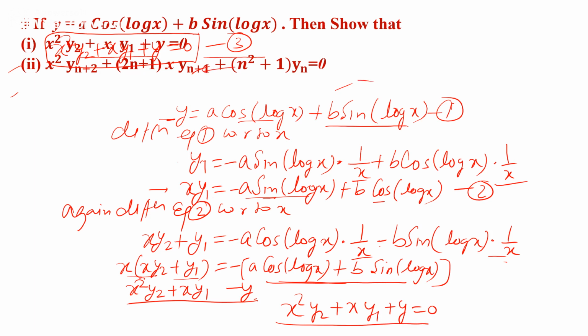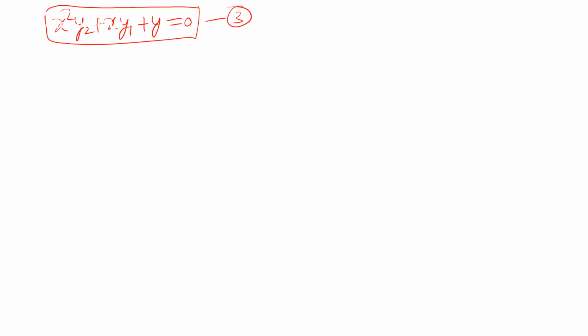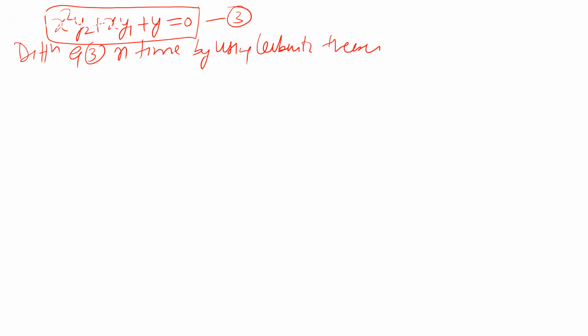Now we have to prove the second equation, and here you see if we take the nth derivative of that equation, we get y_{n+2}. n plus 2 is what? The nth derivative of y. So this is equation 3; take the nth derivative of equation 3, differentiating equation 3 n times by using the Leibniz theorem.